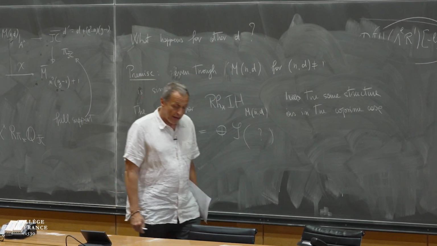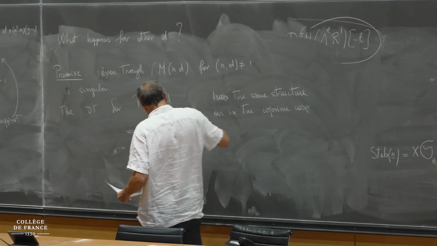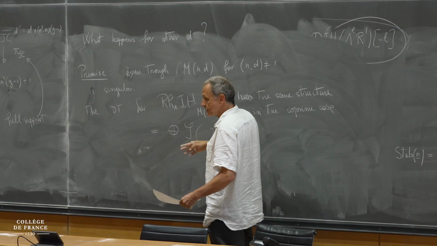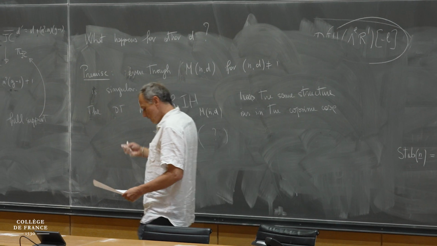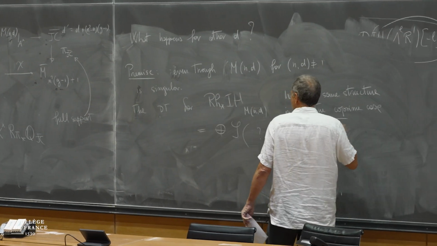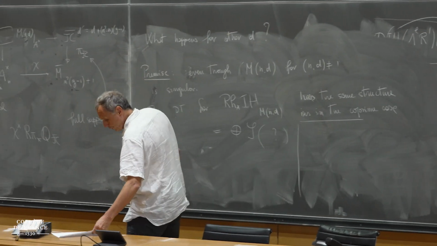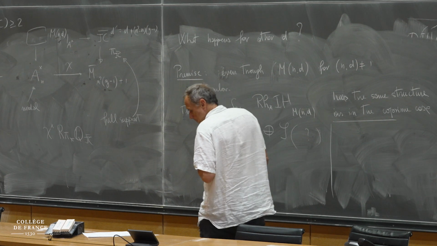And so this mechanism that you have a local system and you can twist it by the Jacobians of the normalizations on the strata. And this follows from two facts which are quite important.